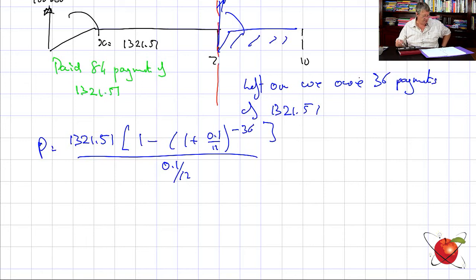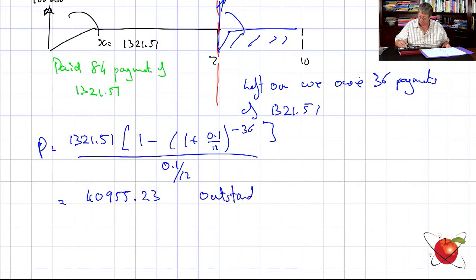If I work that out, I get my outstanding balance of 40955.23 is outstanding. This is what we owe as of today. It's the present value of what's left to pay. So far, so good.